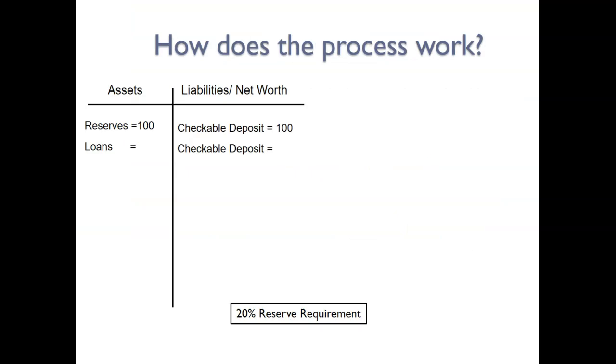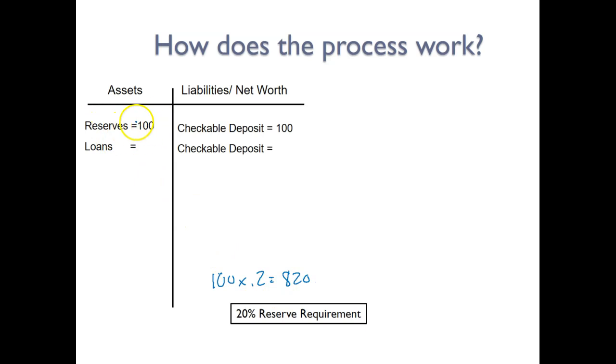Here's another one. If the reserve requirement is 20%, how much is the excess reserve if they have a checkable deposit of $100 and reserves of $100? They have to keep 20% of the checkable deposit on hand. So 100 times 0.2 means they need to keep $20 on hand.